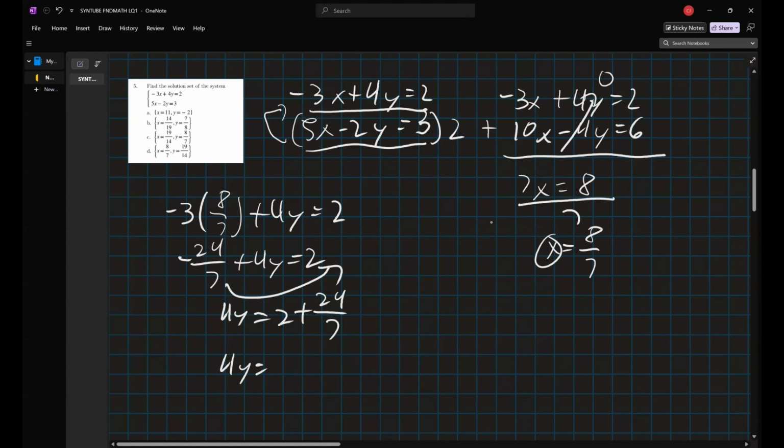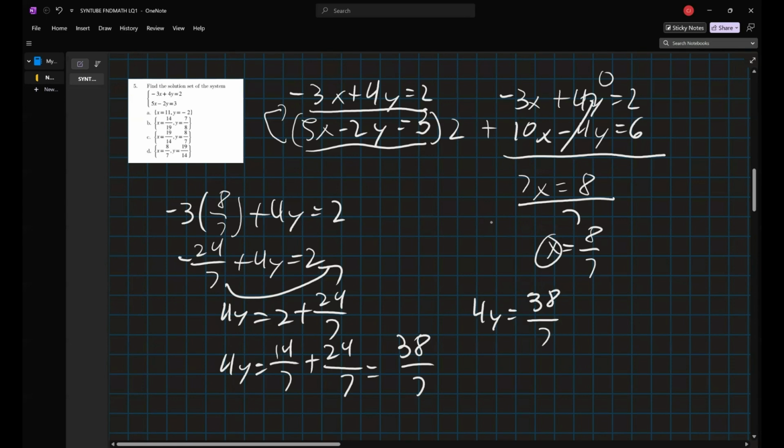We can just multiply 2 with 7 over 7, which would give us 14 over 7 plus 24 over 7, which would give us 38 over 7. Now we're left with 4y equals 38 over 7.